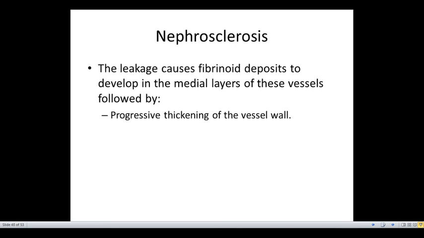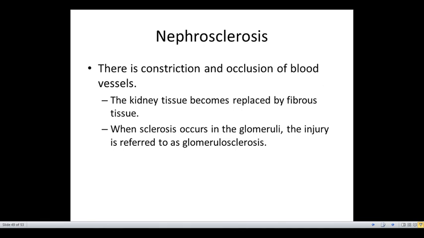This leakage of plasma causes fibrinoid deposits to develop in the medial layers of these vessels, followed by progressive and gradual thickening of the vessel wall. There is constriction and occlusion of blood vessels. The kidney tissue becomes replaced by fibrous tissue.